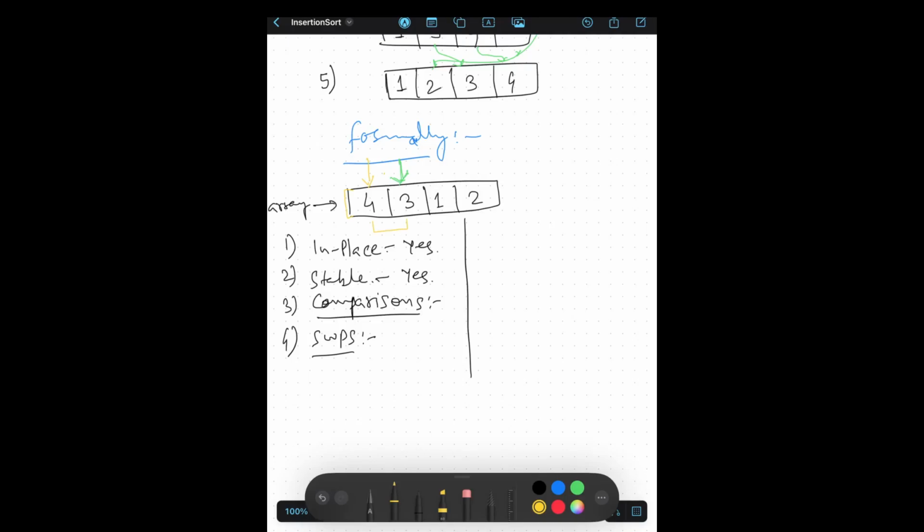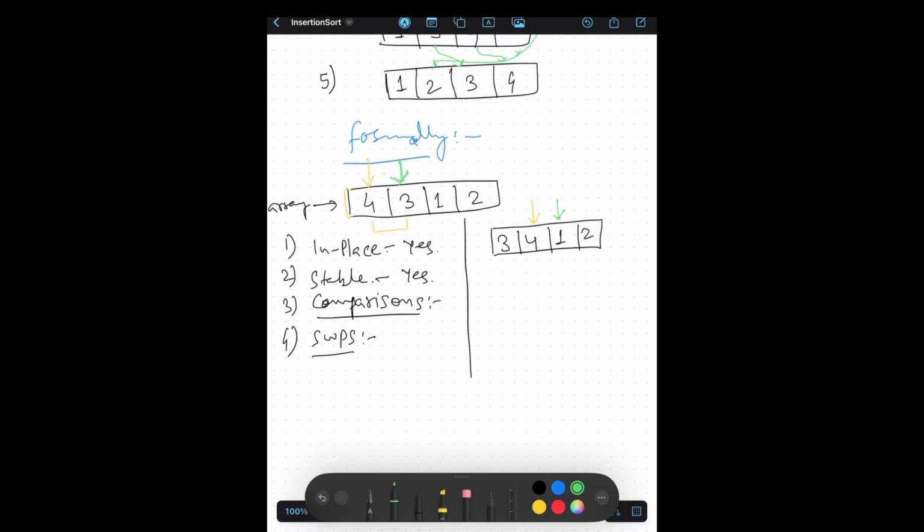So we compare 4 and 3, and 3 is smaller, so we are going to do a swap. Right? Now we have sorted until here, and our current index is here.